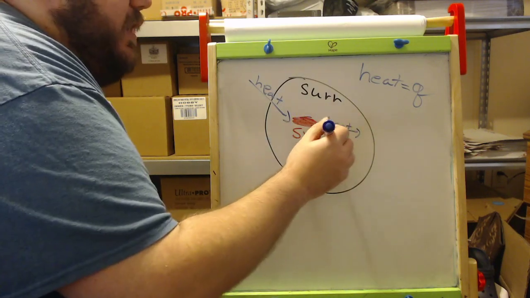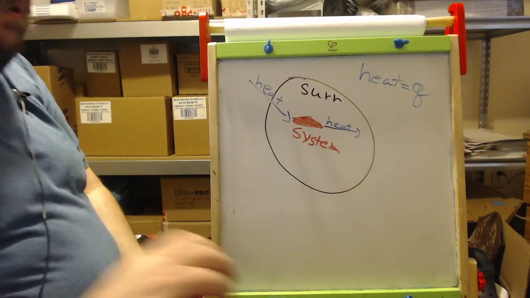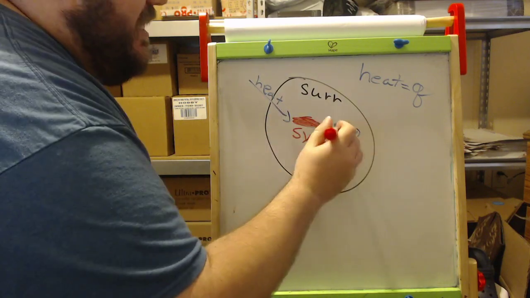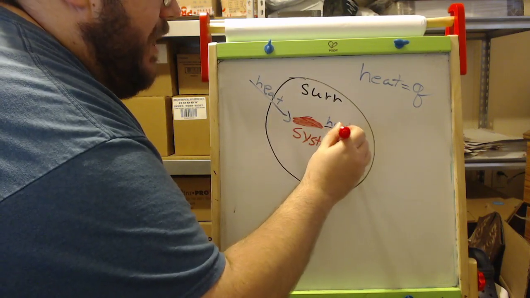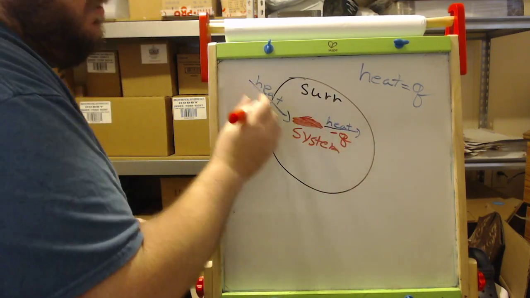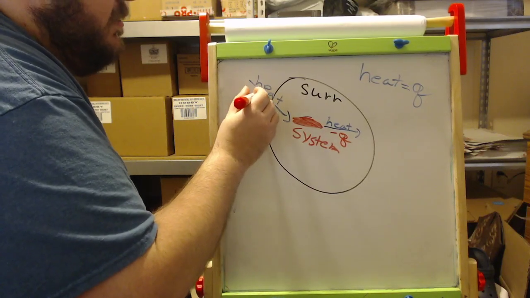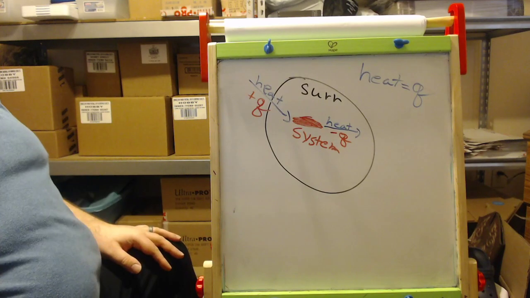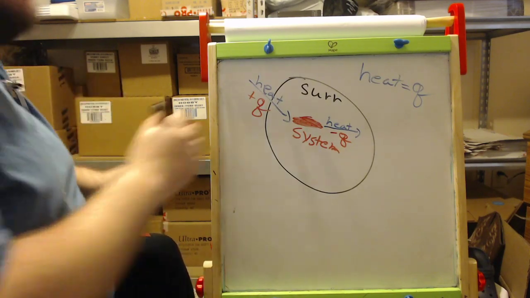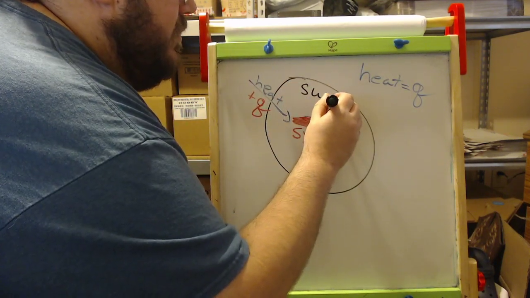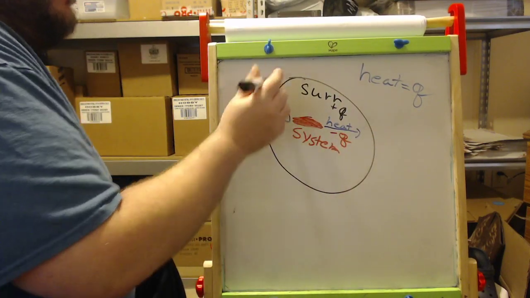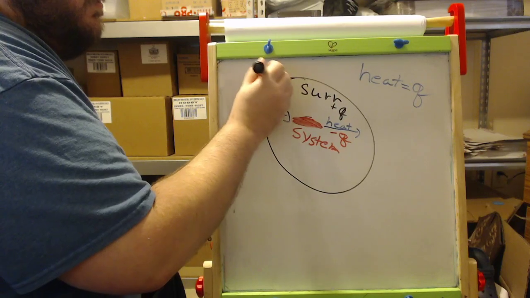In this scenario over here, the system is losing heat. Therefore, we write it as negative Q. And over here, heat is coming in. We call that a positive Q. At the same time, the heat that the system is losing, the surroundings is gaining. And here where the heat is coming in, the surroundings is losing.